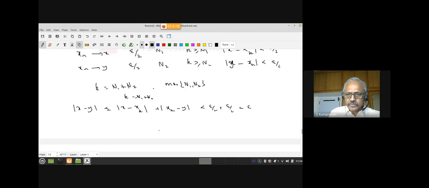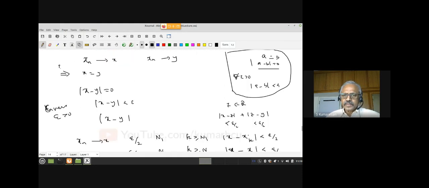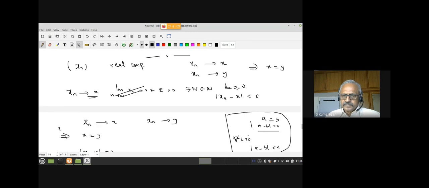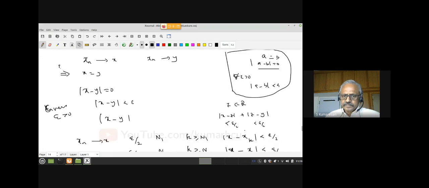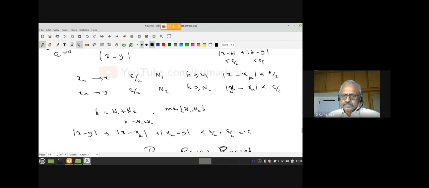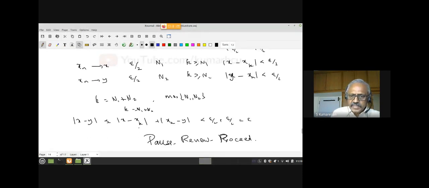I will give you about 10 seconds, pause, think, and then let's proceed. So this xk, where k equal to this, is our curry leaf.